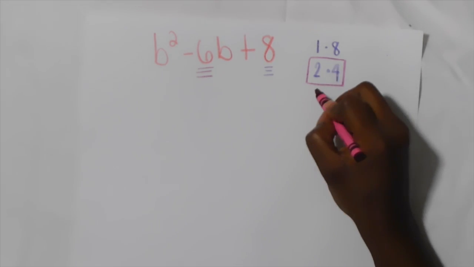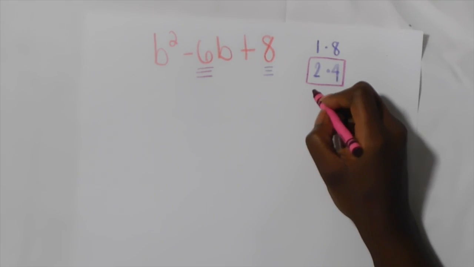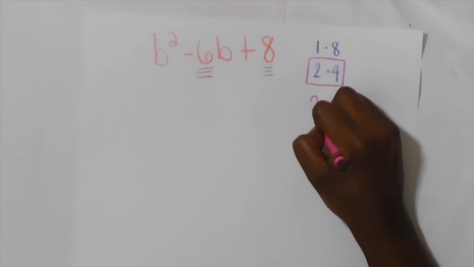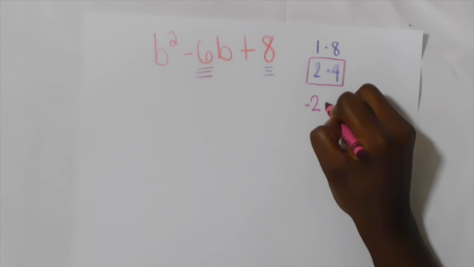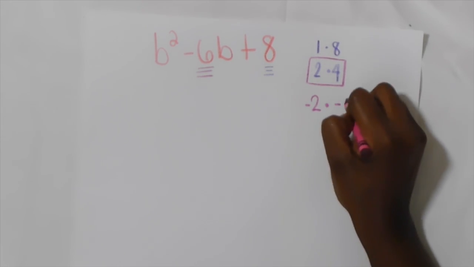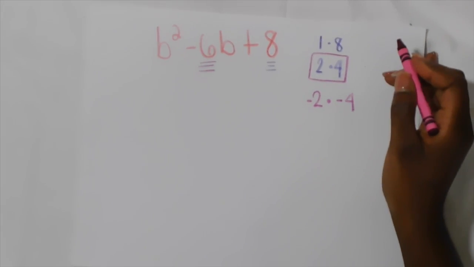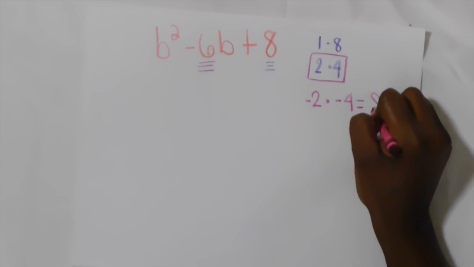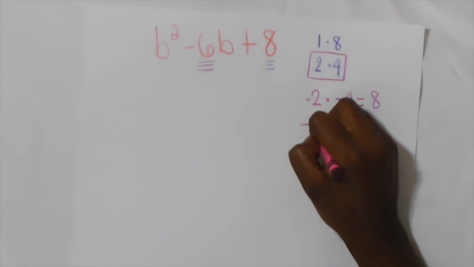Now take note that that 6 is a negative 6. So that means when I multiply the two numbers, it has to give me positive 8. When I add the two numbers, it has to give me a negative 6.